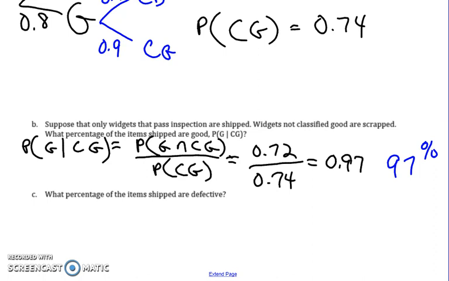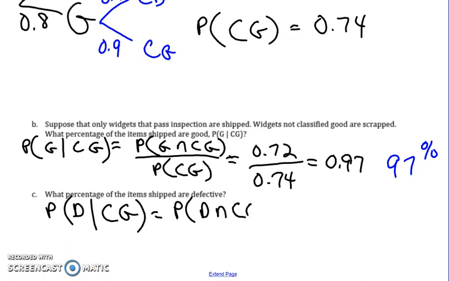This is what percent of the items shipped are defective. So now we want the probability that it's defective given it's classified as good. So the probability of being defective and classified as good divided by the probability it's classified as good.